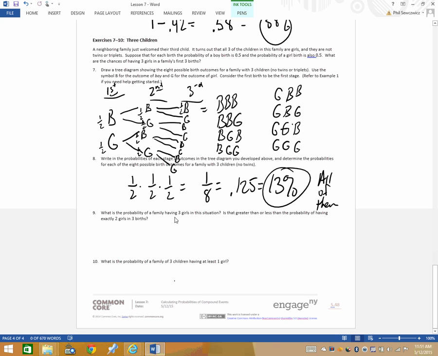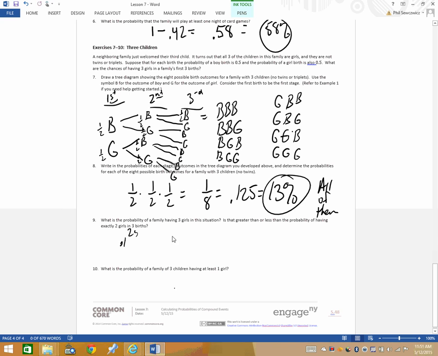They want to know the probability of having 3 girls in this situation. The only way you can have 3 girls is girl, girl, girl, and we know that is 0.125, which is about 13%. Now, is that greater than or less than the probability of having exactly 2 girls? So how many places have exactly 2 girls? Well, boy, girl, girl. Then girl, boy, girl.